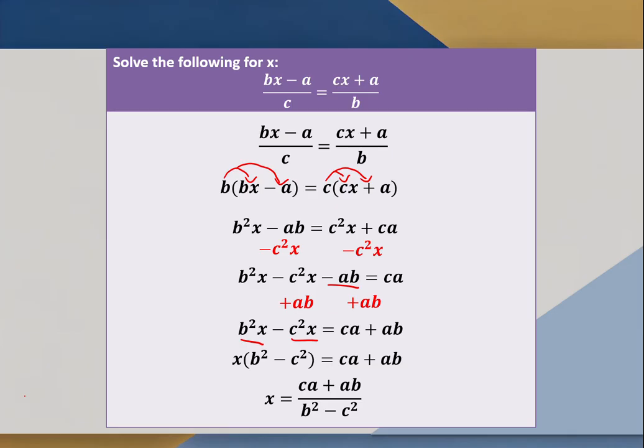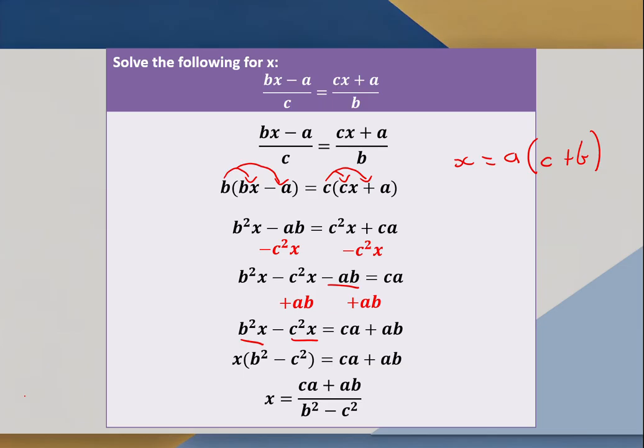Now, we can still finish this off. On my numerator, I can clearly see that I have something that is common, and what is common here is that they both have a. So I can rewrite this as x is equal to a times c plus b. Now, with b squared minus c squared, we call that the difference of two squares.